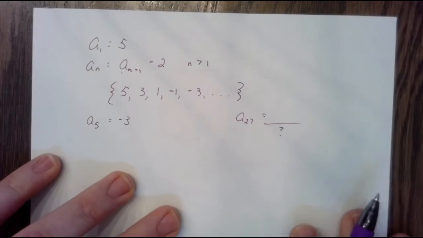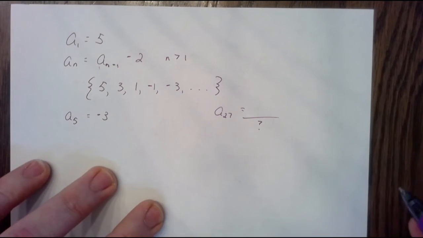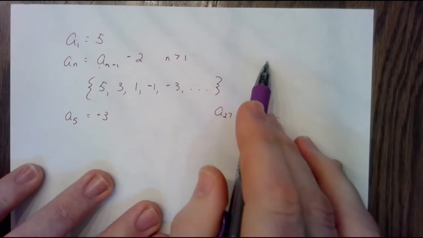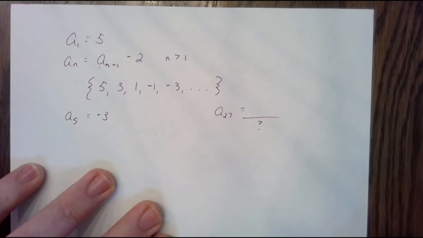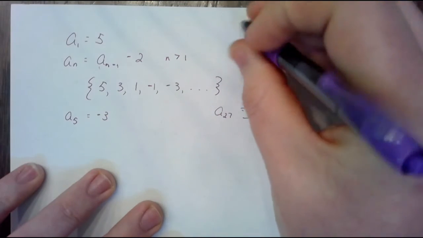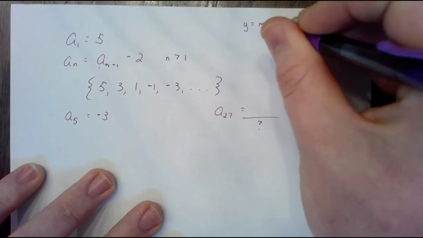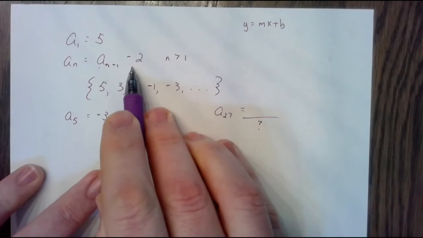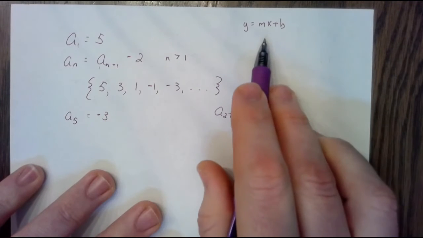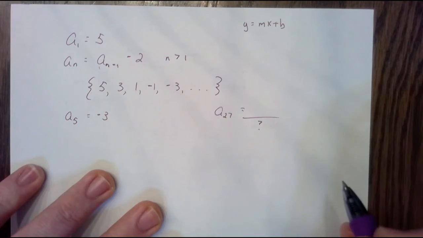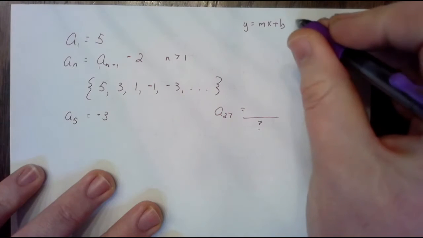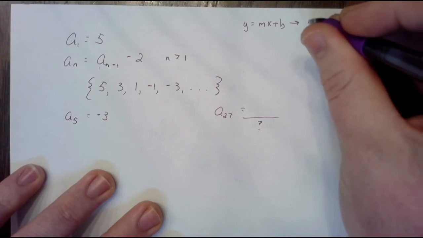Now, if we think about this, this is a lot like y equals mx plus b. Whenever you have an arithmetic sequence where you're just adding or subtracting a number, you can model it using y equals mx plus b, all right? B will always be whatever a sub 0 is. M will be whatever this constant difference is. So this D is going to go in for M here, right?